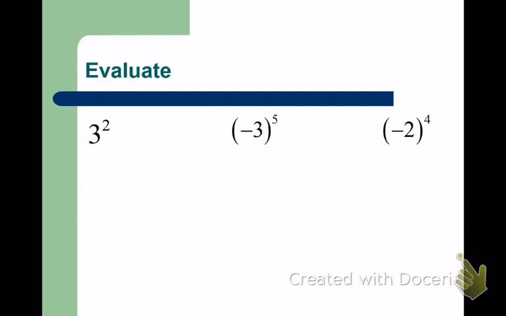So, quick review here. If you want to evaluate these three, remember, this is called your exponent, this is called your base. The exponent tells us how many times to multiply the base together. So 3 squared means we're going to do 3 times 3, or 9. Same thing here. The exponent is 5, the base is negative 3.